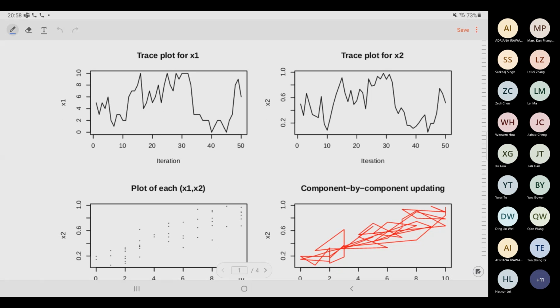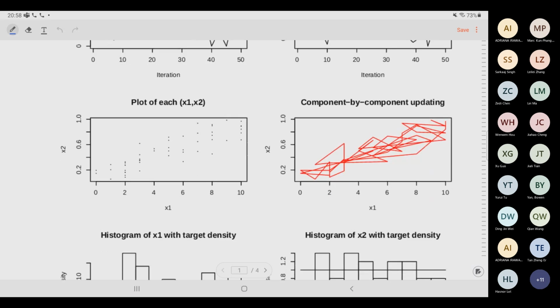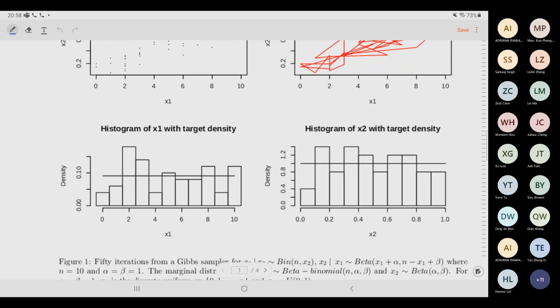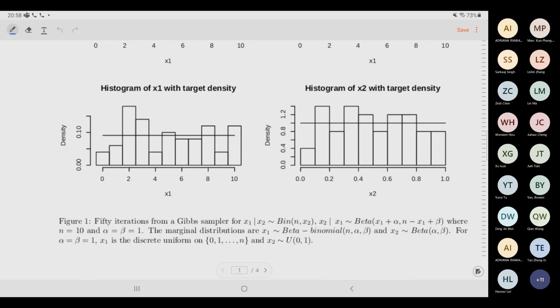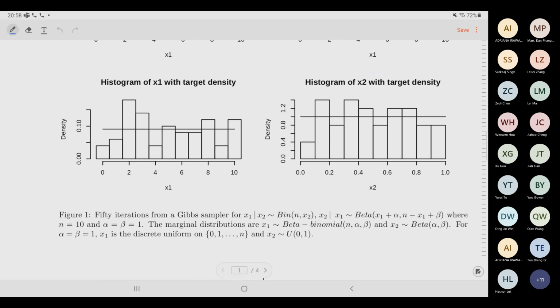Okay, right? And if you look at the histogram, then you can actually see sort of the marginal distribution for your x1 and x2. Okay, right. So this is for 50 iterations, right?